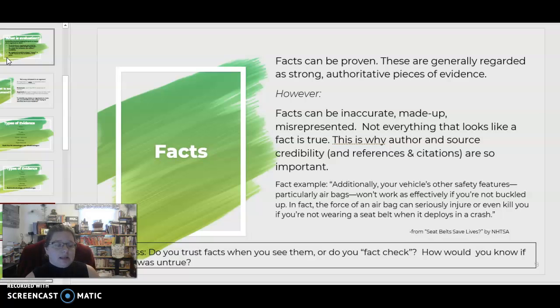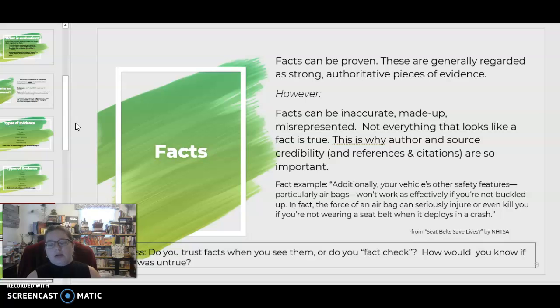So I've given an example of each one of these types of evidence in case you need to see what that looks like. But this is an example here that says, additionally, your vehicle's other safety features, particularly airbags, won't work as effectively if you're not buckled up. In fact, the force of an airbag can seriously injure or even kill you if you're not wearing a seatbelt.